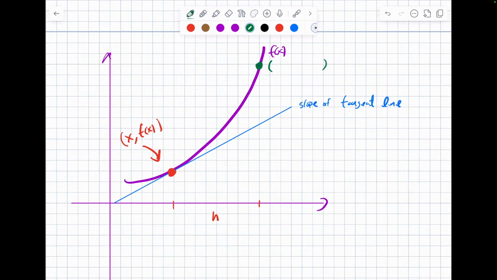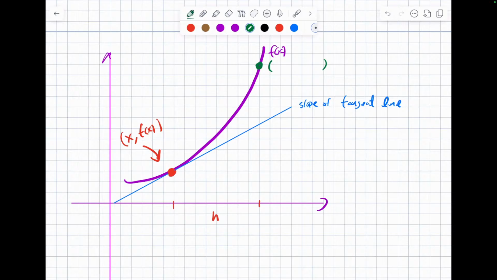If I define the bottom as h, the first point is x, f of x. What would be the second point? No one can tell me? Give it a try.